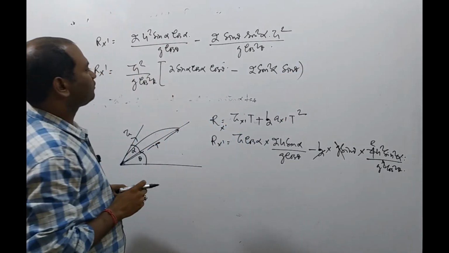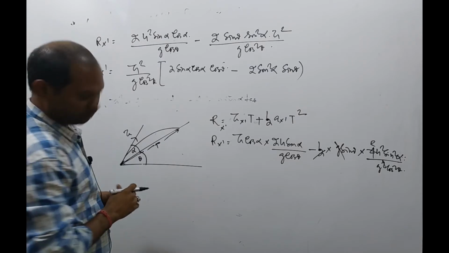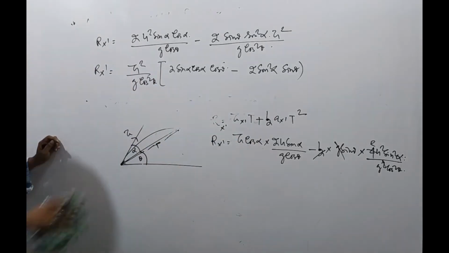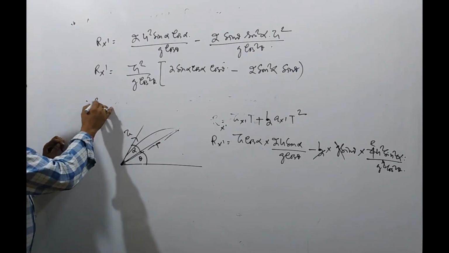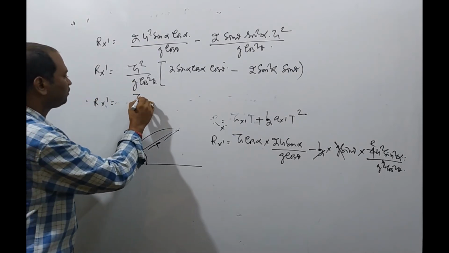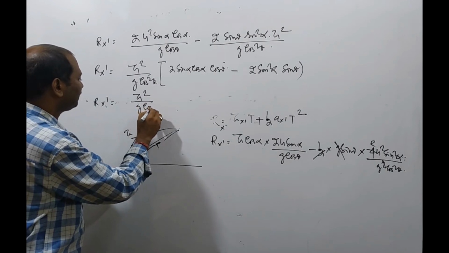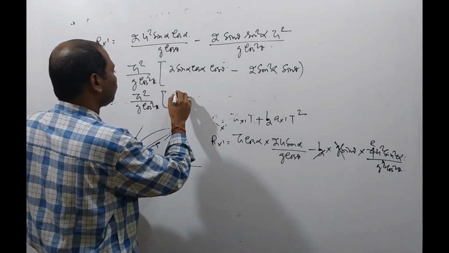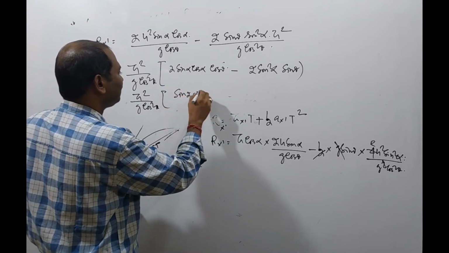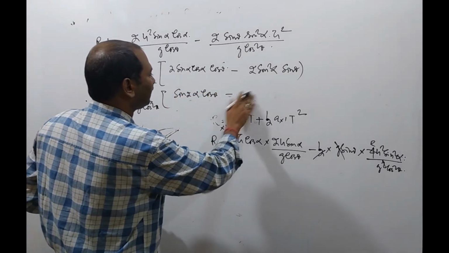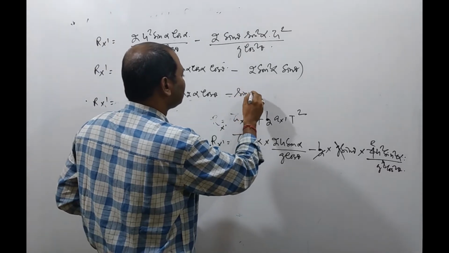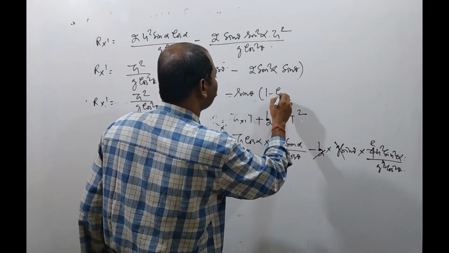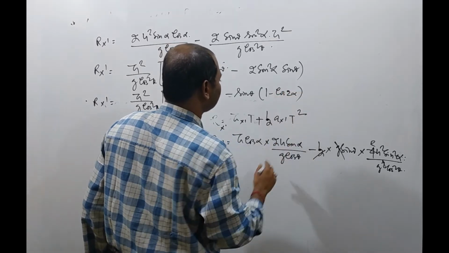Okay, or Rx dash is equal to u square by g cos square theta, that is sin 2 alpha into cos theta minus sin theta into 2 sin square alpha, which is equal to 1 minus cos 2 alpha.